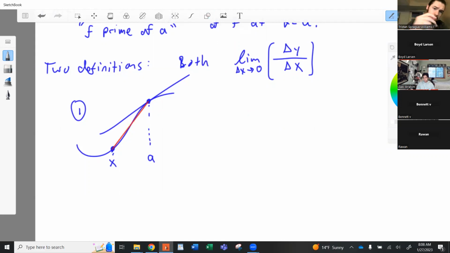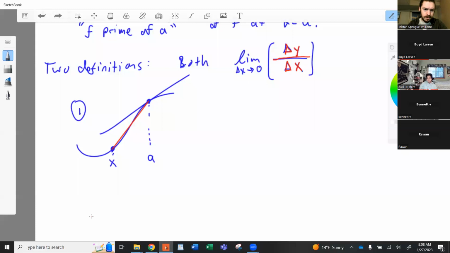Remember that? You make a secant line, and that's what the change in y over change in x is doing. The change in y over change in x is calculating the slope of the secant line. And you only get the tangent line when you do the limit of that. Okay.